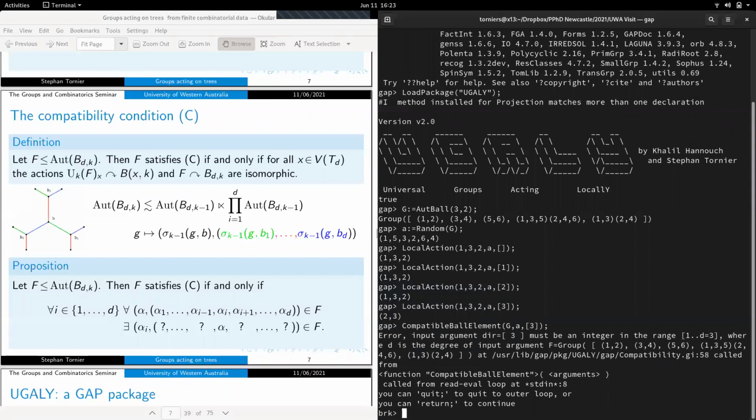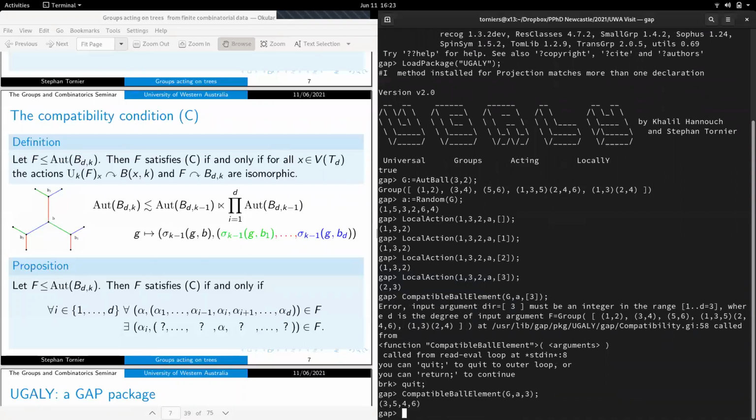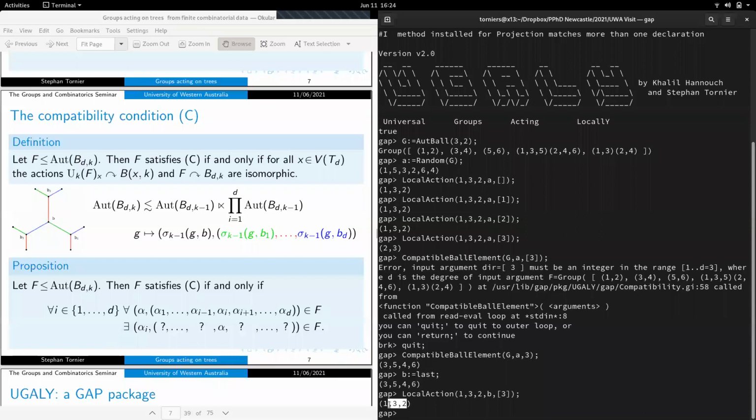And something has gone wrong. This should just be a number, not a list. And yes, there is a compatible element, great. We can verify that. Let's call it B, and then we can verify that its local action in direction 3 is 1, 3, 2, which used to be the local action of A at the center.